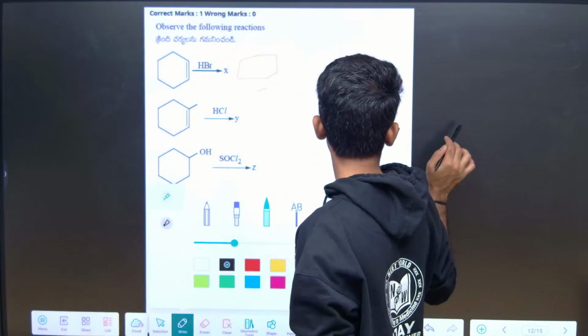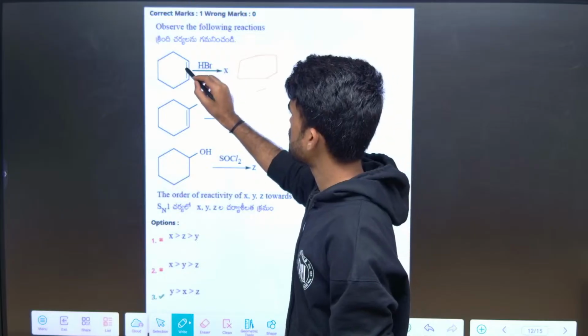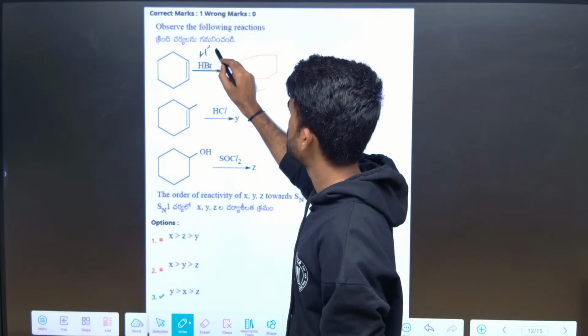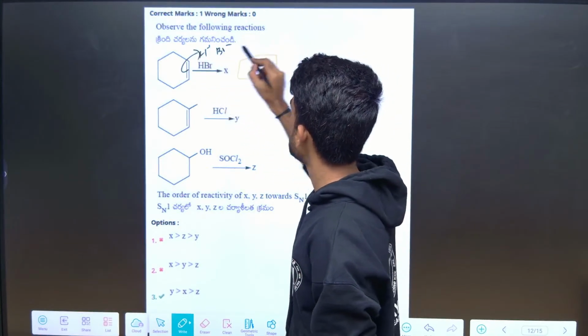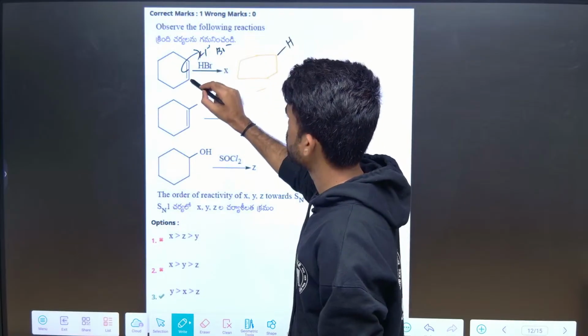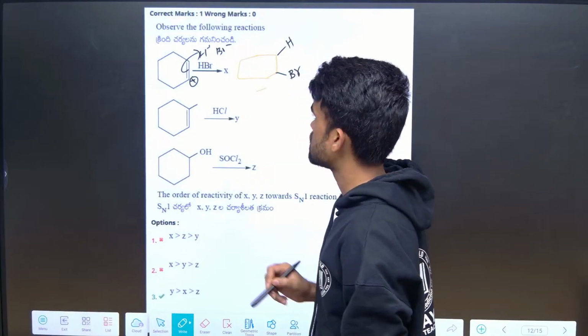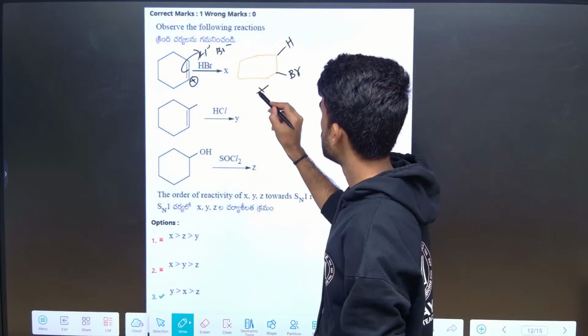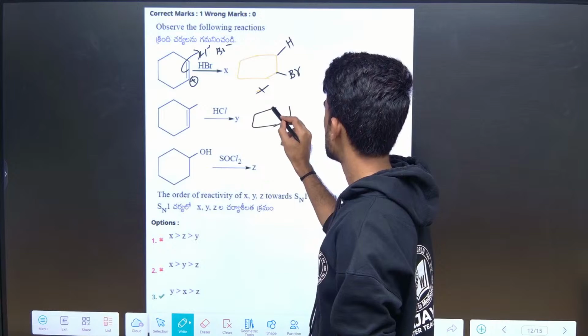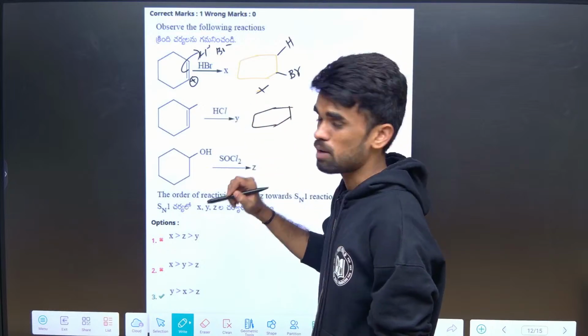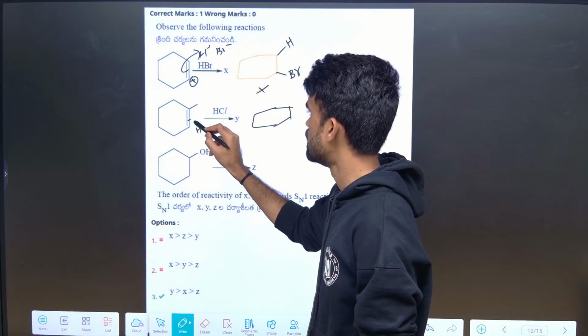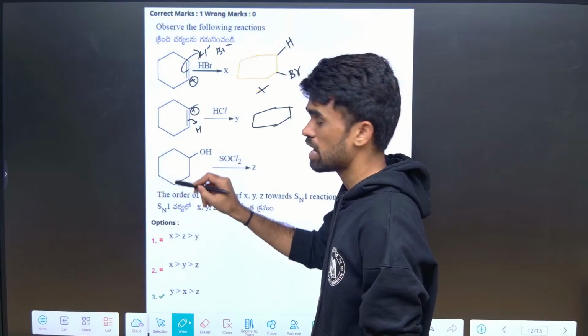So look here. So just remove, like HBr means H plus Br minus, right? So add this H plus here, and here you will get positive charge. Now at that position you add Br. So this is your answer for the first one. This is our X, okay. And here, HCl, H plus Cl minus. So if you add H plus here, you will get a more stable tertiary carbocation here.